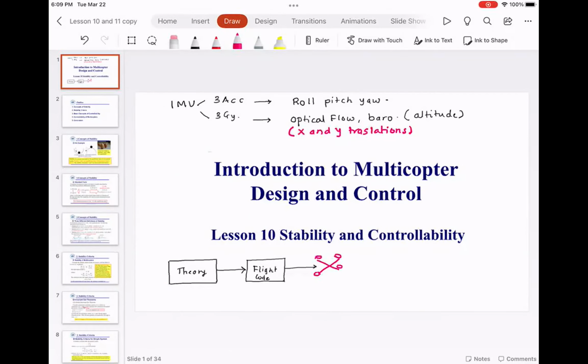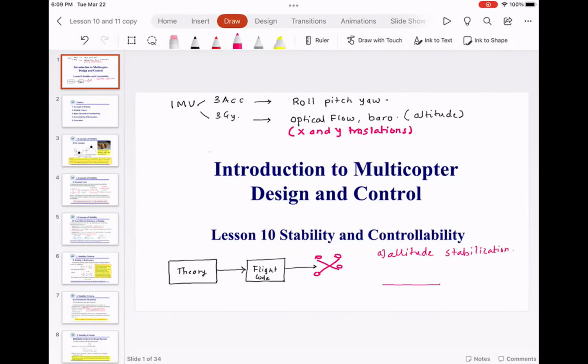So first and foremost, we are going to look at attitude stabilization. What do I mean by attitude stabilization?